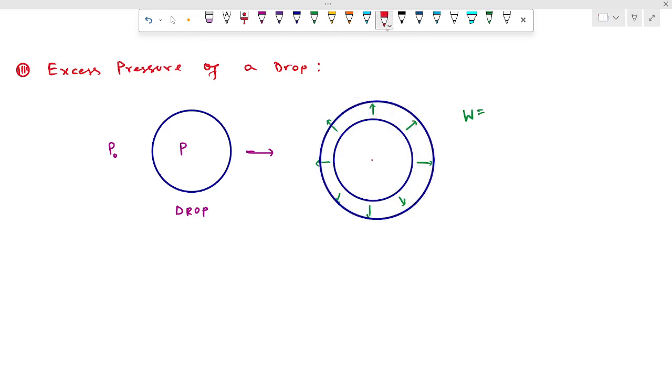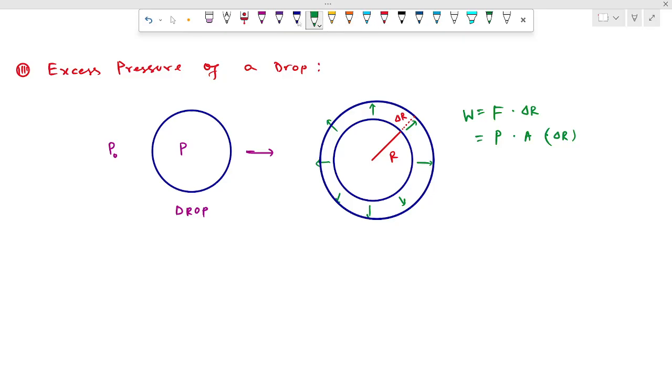So initially, suppose the radius was r and the change in radius is delta r. Then what is the work done that we have to do? See, it is nothing but force into delta r, isn't it? What is the force? Pressure times the surface area, and delta r as it is.